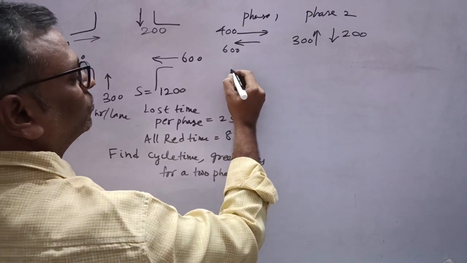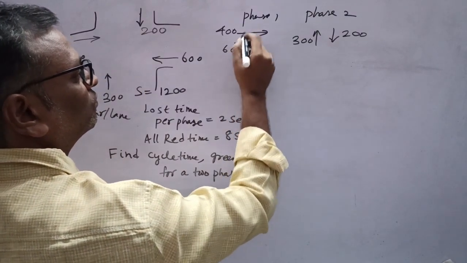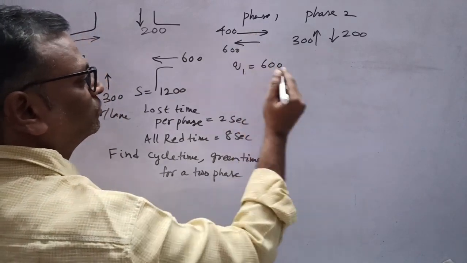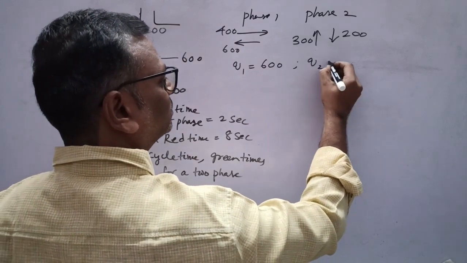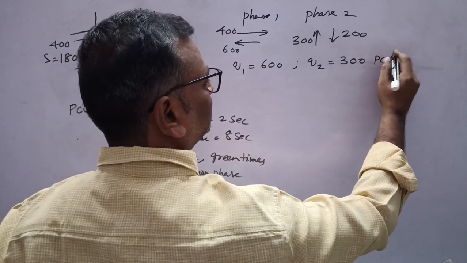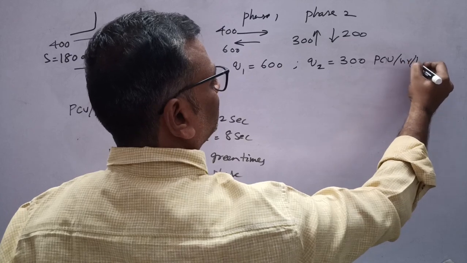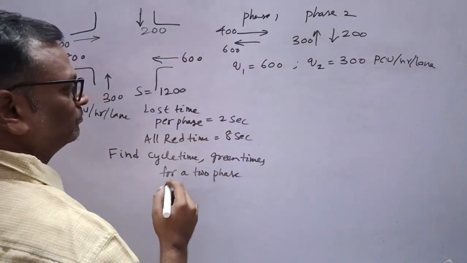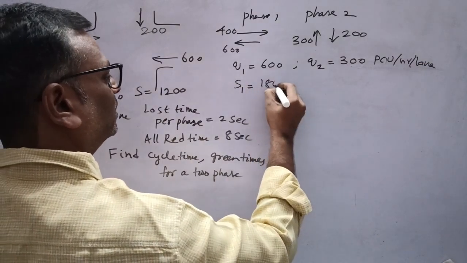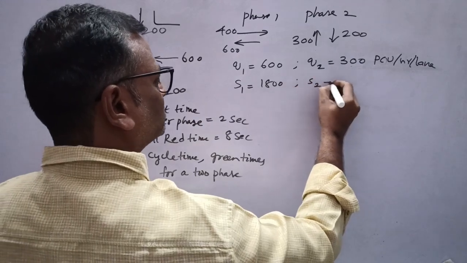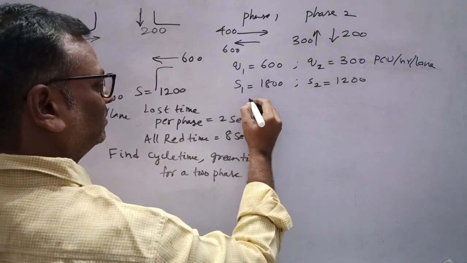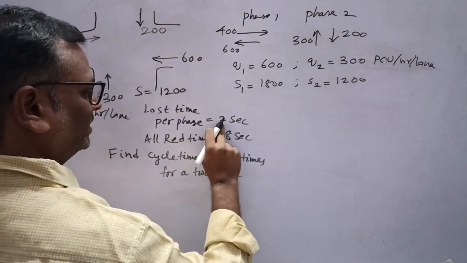So the critical flow for this phase is 600, that is the higher of these two. Similarly, the higher of these two is 300 PCU per hour per lane. Saturation flow is also given, S1 as 1800 and S2 as 1200. Lost time is given as 2 seconds.